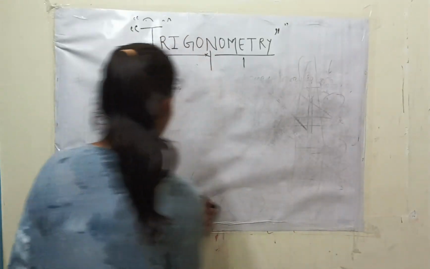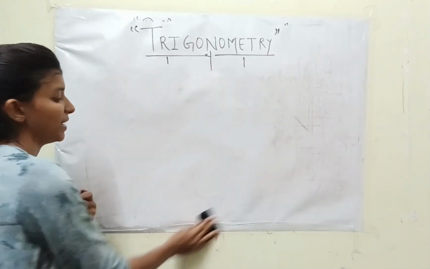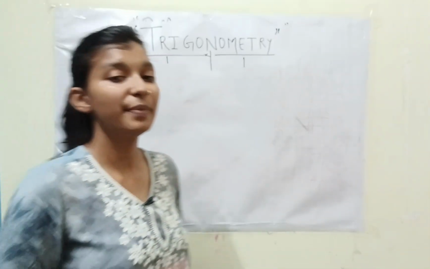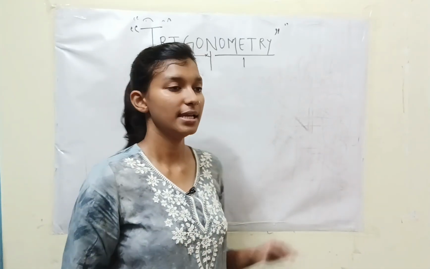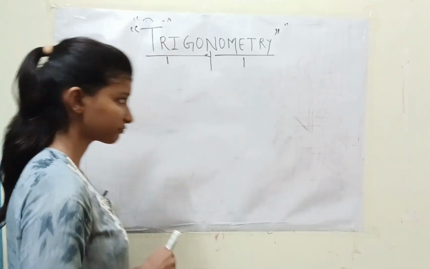Now moving on to some basic identities of trigonometry. The basic identities of trigonometry are based on Pythagoras theorem.